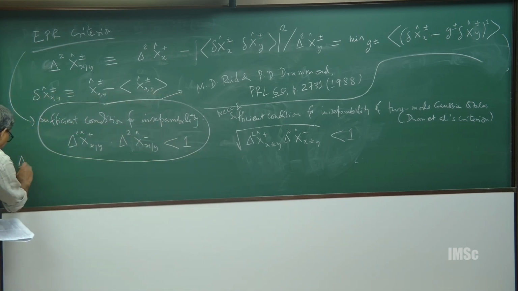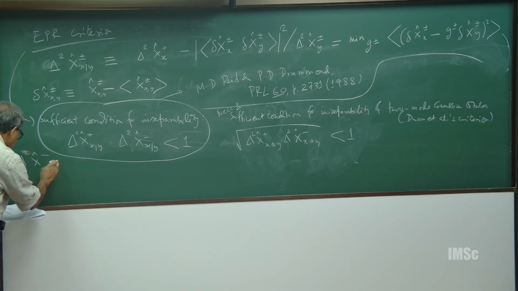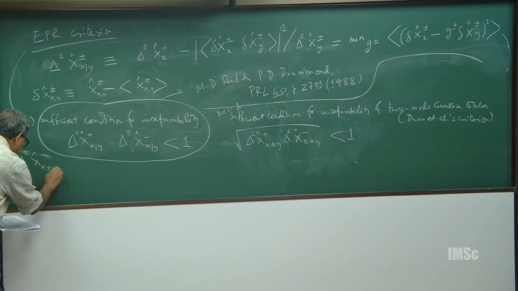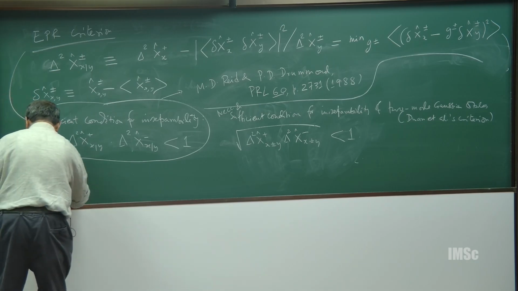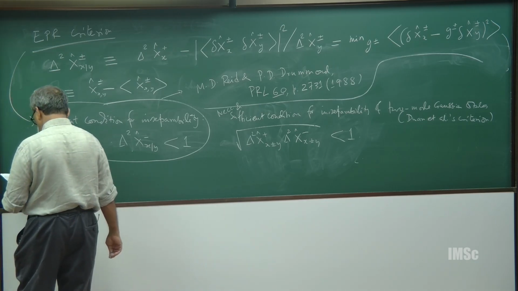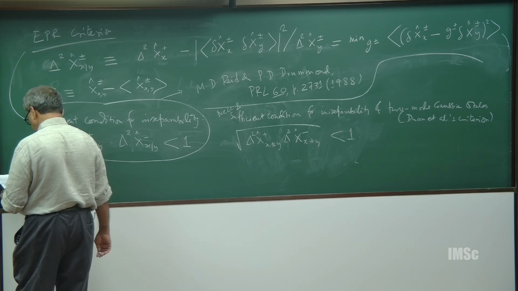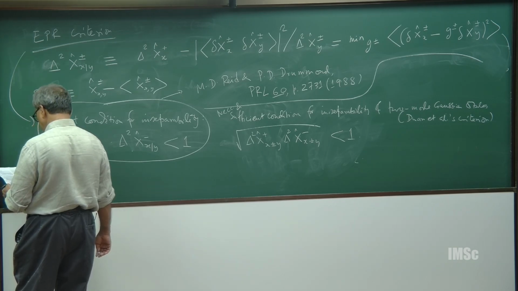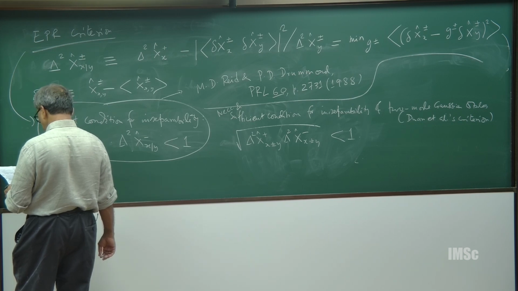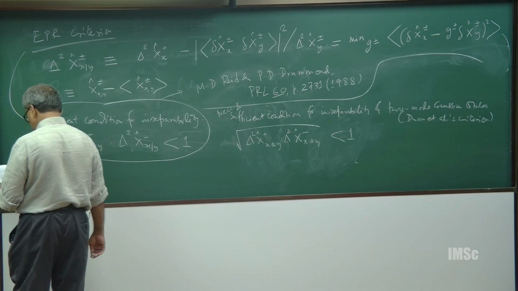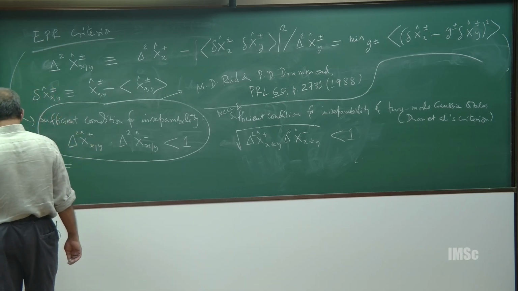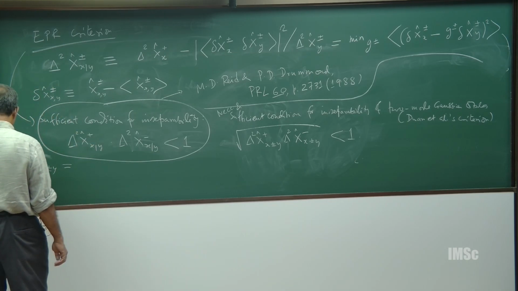So, this delta square of x plus minus y is the variance.